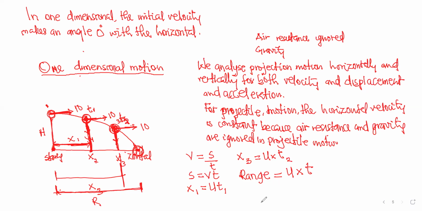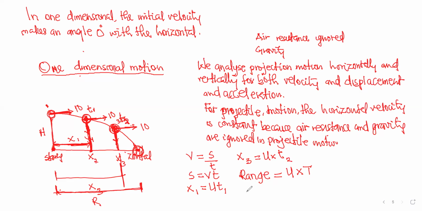Please note that the range is the total horizontal distance traveled. Are you writing that? The range of a projectile is the total horizontal distance traveled. Let me represent the time of flight by capital T. The time of flight is the total time taken.